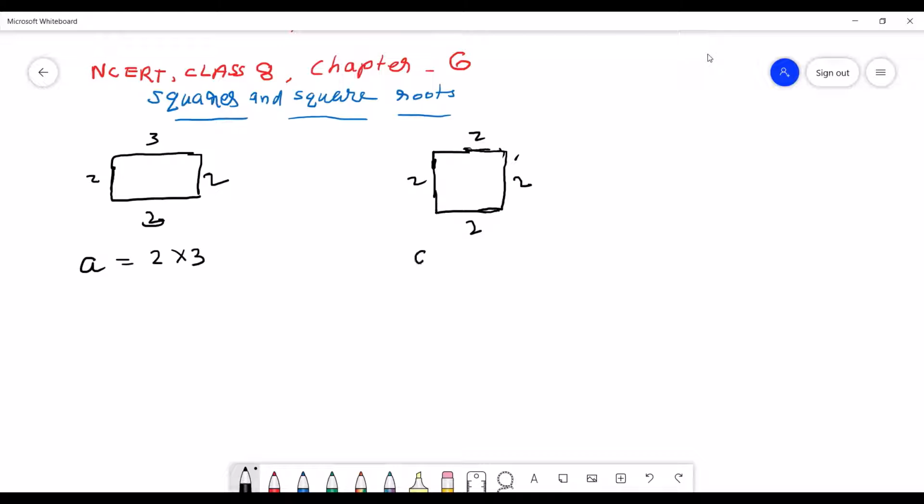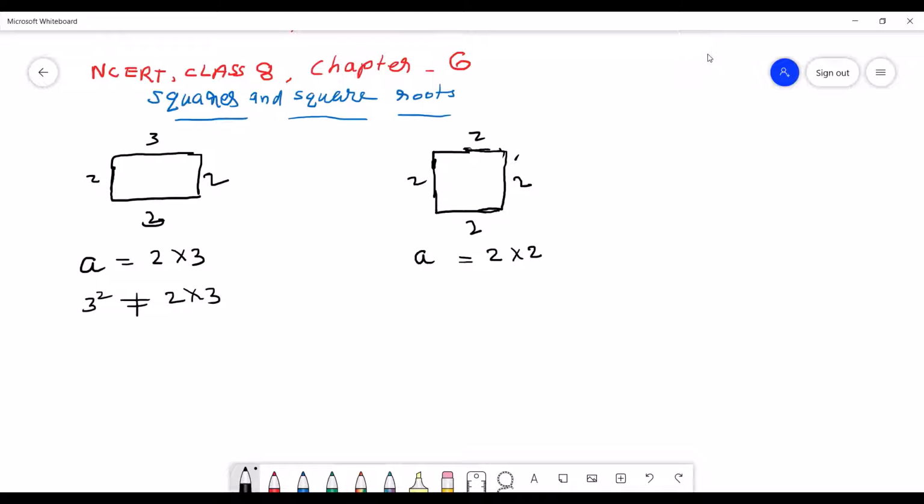In the second case, the area is 2 multiplied by 2. In the first case, if you take the square of any number, suppose I take 3 square, 3 square is not equal to 2 into 3, because 3 square is 9 and 2 into 3 is only 6. So it is not a square.